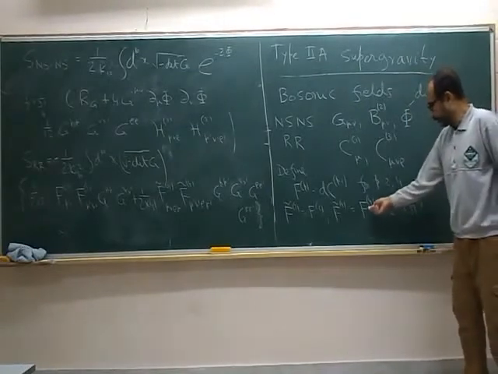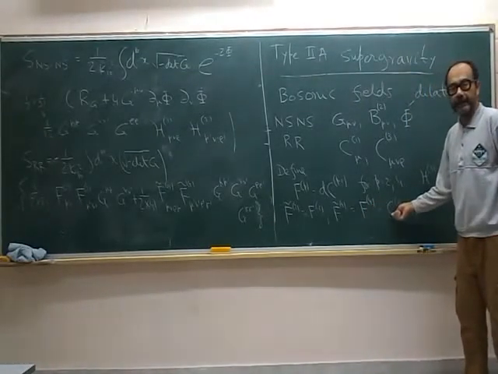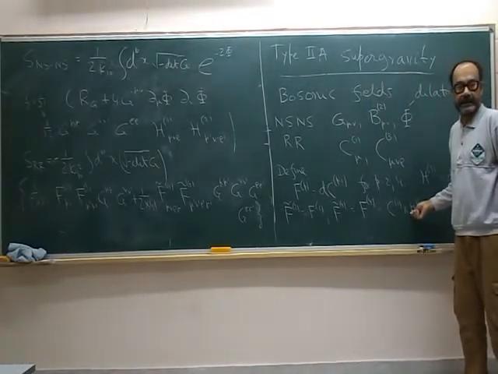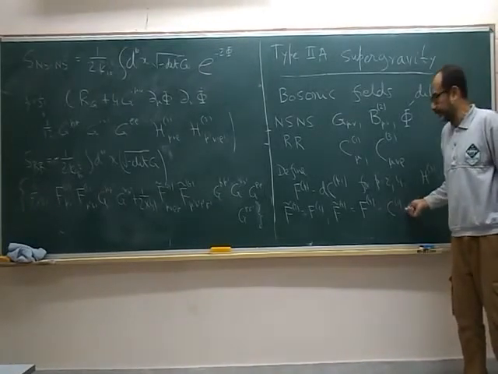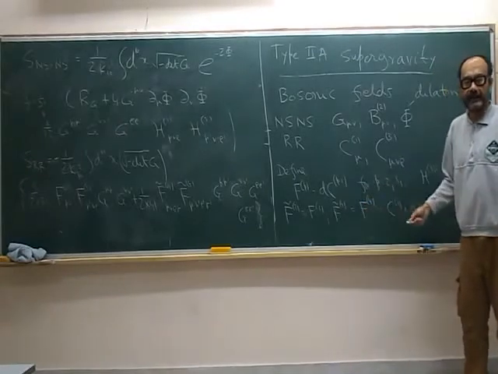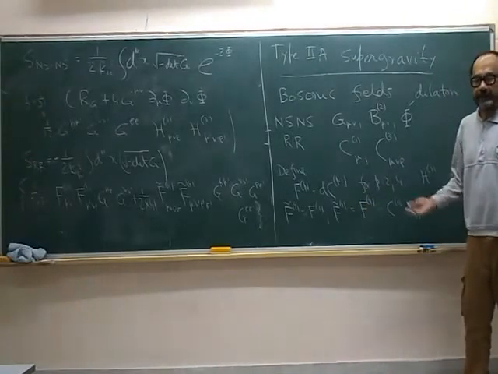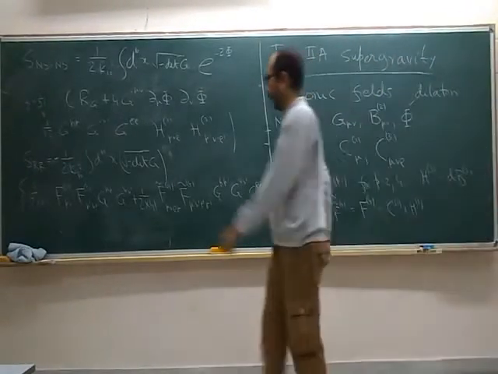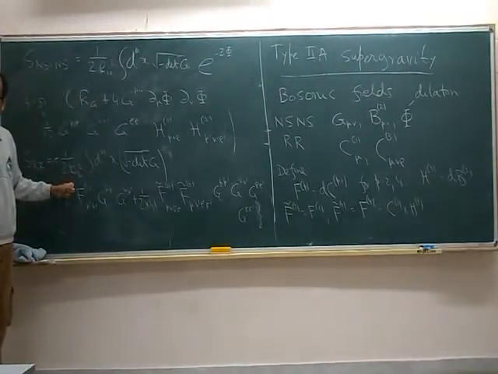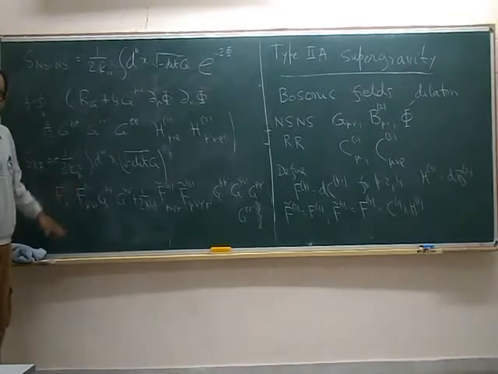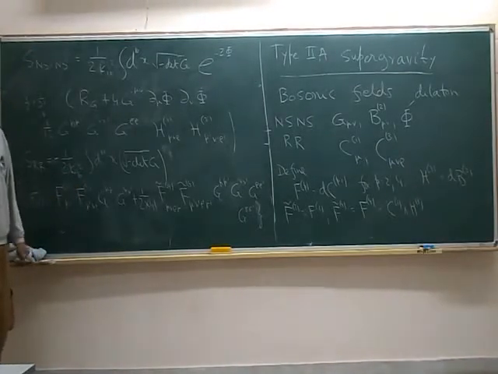This one involves C1 and gets scaled by lambda, and this gets scaled by lambda too. H doesn't get scaled, this is an NS sector field. So by scaling the Ramond sector fields, we can scale F tilde 2 and F tilde 4 by some overall scale, so that you can use to change this. So in this sense, this kappa 10 is a convention dependent constant.